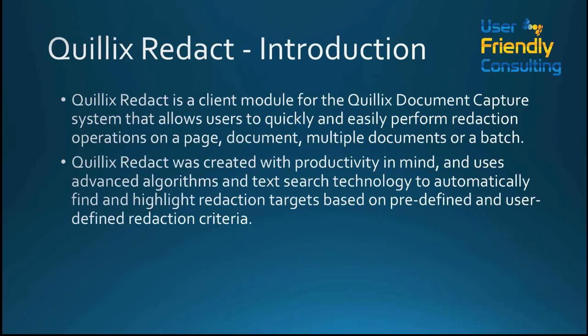It really is a way to use technology to search through a group of documents, identify what information needs to be redacted based on your criteria, and then easily apply those redactions across those documents without having to page through each one by one and apply manual redactions. It was created with productivity in mind. We use advanced OCR and search technologies to highlight redaction targets based on predefined and user-defined redaction criteria.